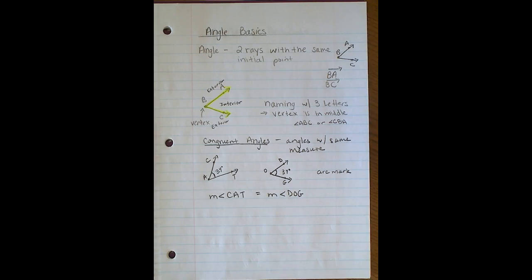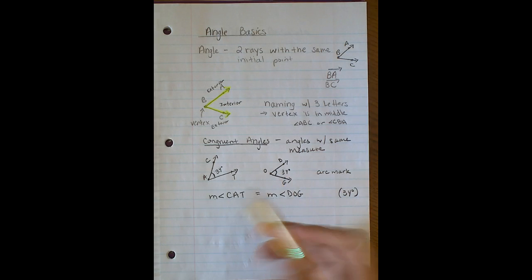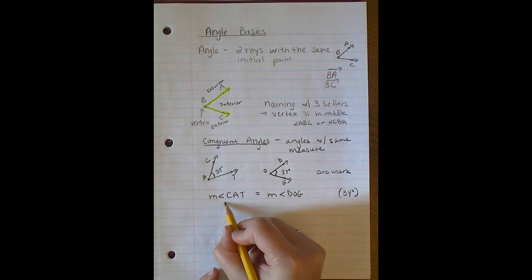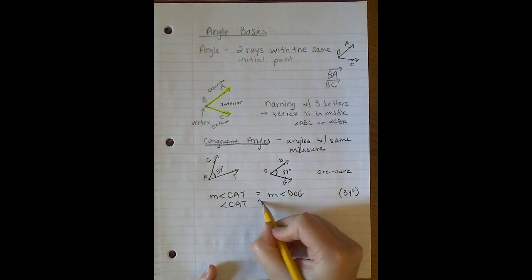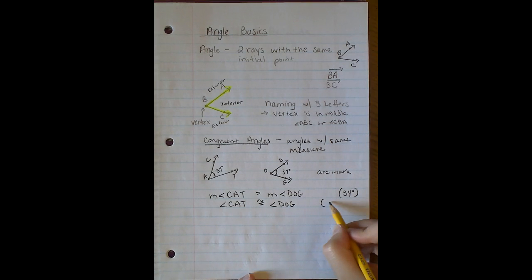That's if I gave you the 34 degrees for both angles, you would use these symbols. If it has the arc mark, then you would simply say angle CAT is congruent to angle DOG. So that's if you see the arc.